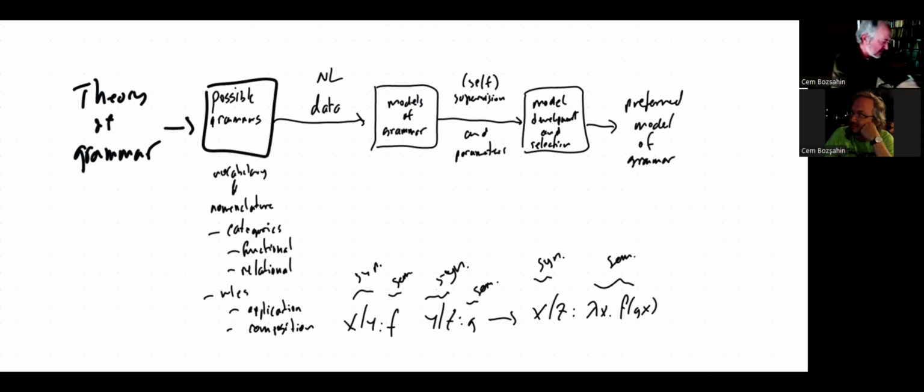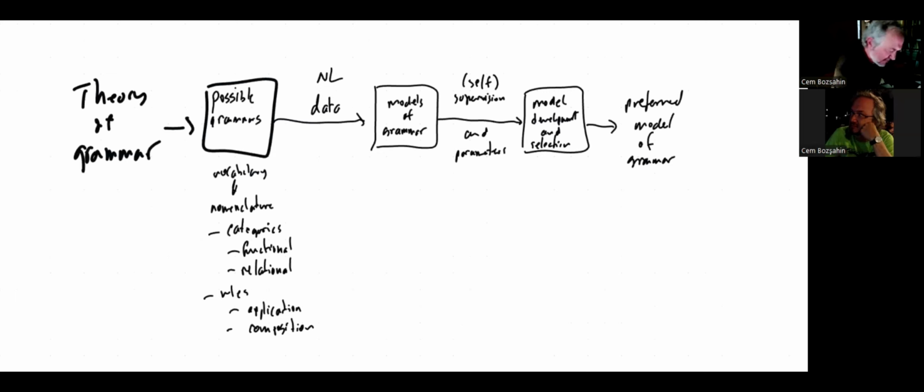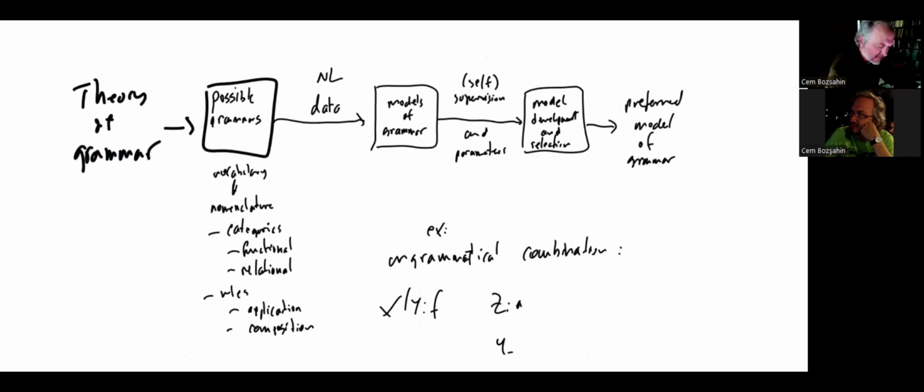So just to give an example of that. Let's say you have a function called f, this is an example, and it's looking for y, and you have z, which is a, and let's just say y is not the same as z.